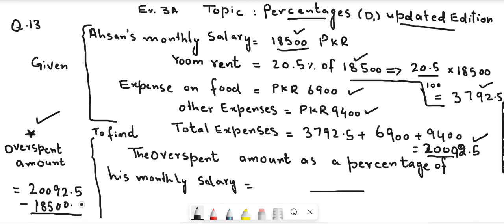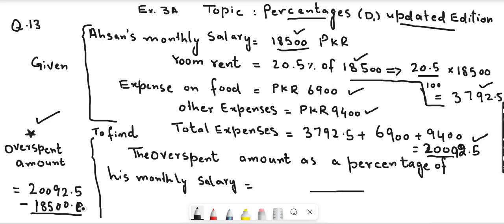To get the overspent amount, 18,500 will be subtracted from 20,092.5 rupees.